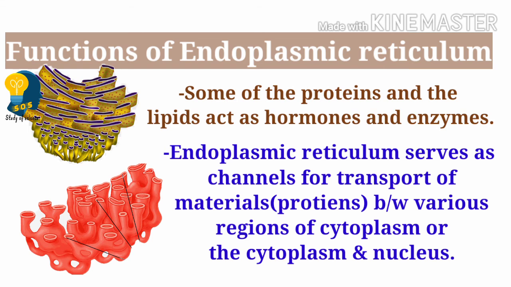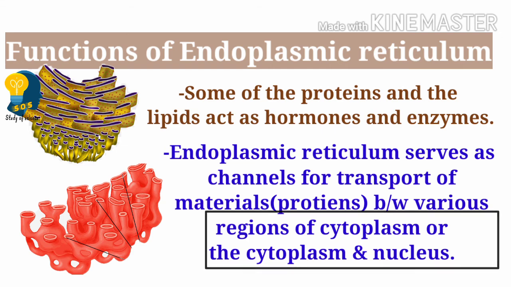Okay, coming to the next point, endoplasmic reticulum forms the network system. We have seen at the beginning how it forms the network system. So this network system serves as a channel. What is meant by channel? Channel means a path or a way. It serves as a path or a way for the transport of materials, especially proteins, between the various regions of cytoplasm or between the cytoplasm and the nucleus.